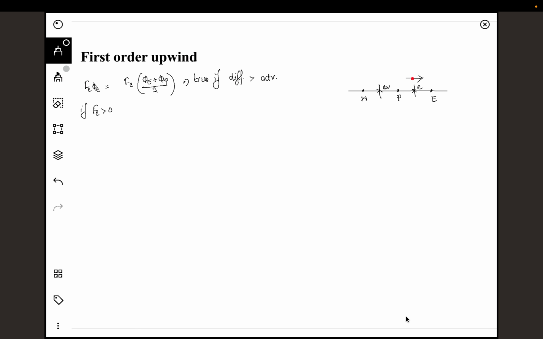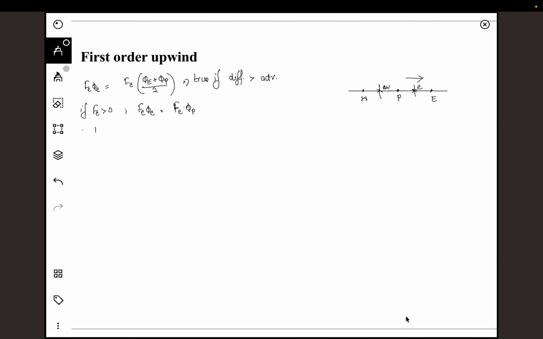Because information is propagating in one direction, you have to only use the value of phi from the previous cell, not from the east cell. So phi east is going to be affected only by the value of phi from the P cell. So if Fe is greater than 0, then the better way would be to write this using the value of the P cell.